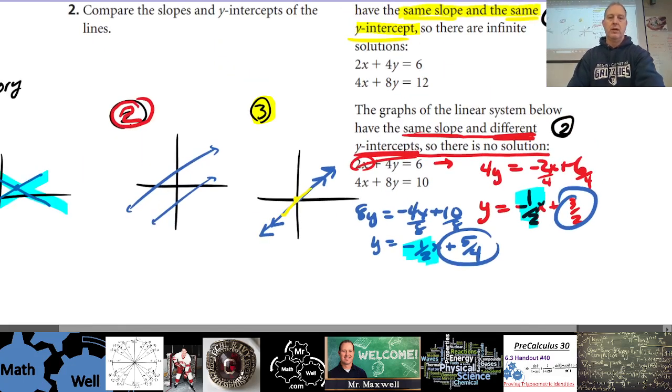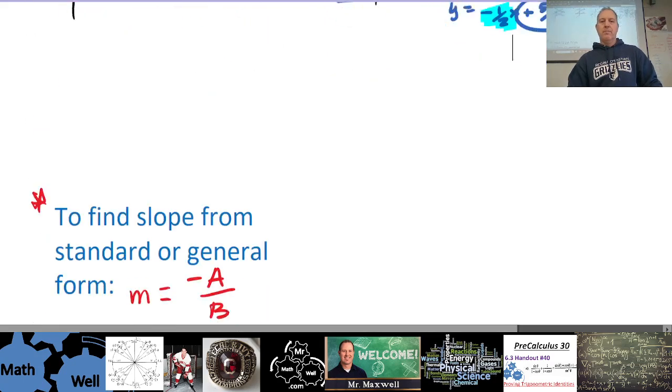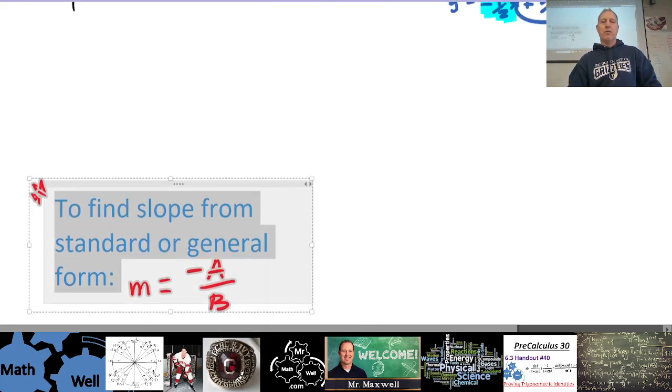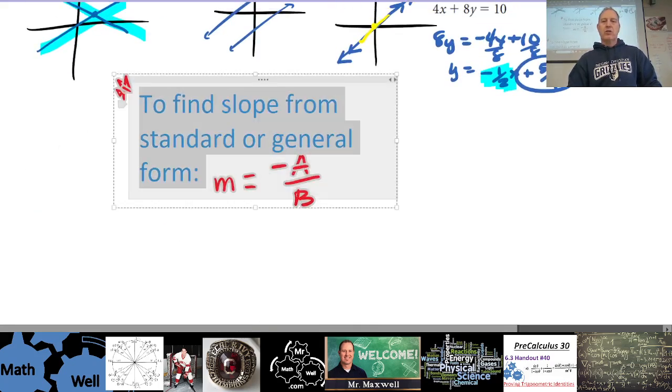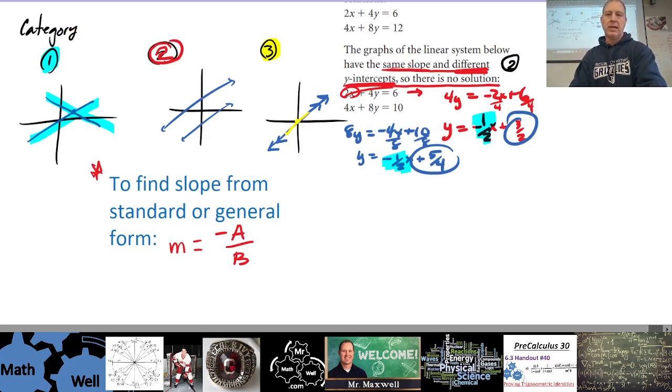Okay. All right. So I'm going to show you a shortcut here now. From standard or general form, you can quickly find out the slope to see if the slopes are the same or different, and I think that's pretty helpful. Because if you can determine whether the slopes are different right away, then you know how many solutions there are.